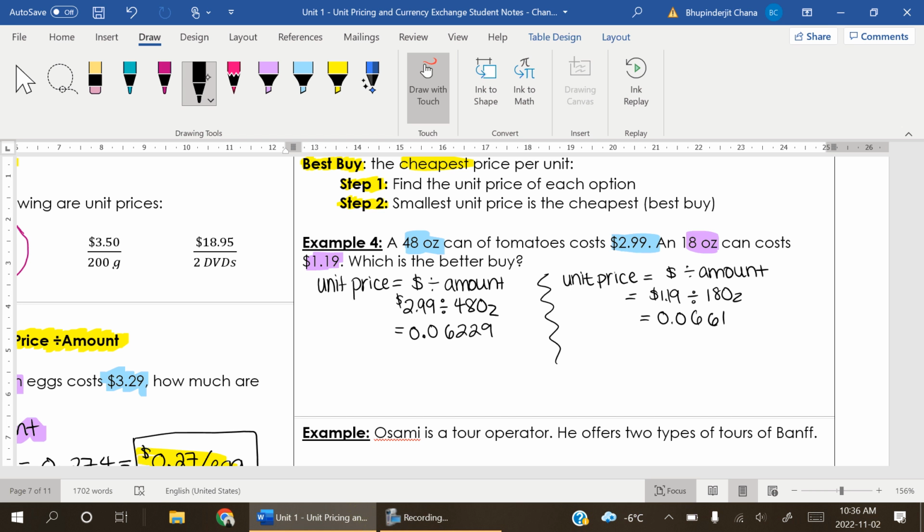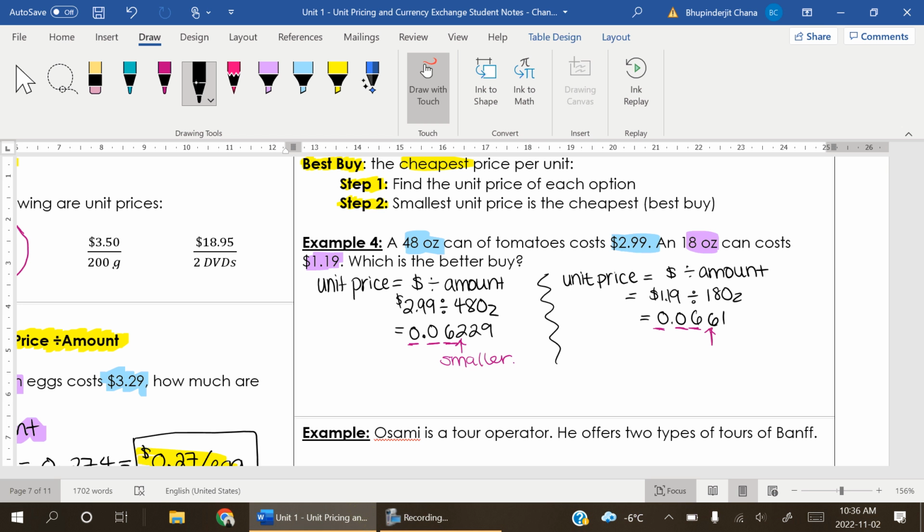Okay, we're going to start comparing the digits. So first digit is the same. The second digit is the same. The third digit is the same. The fourth digit is different. So you want to see which one's smaller. So since this one's smaller, it's the better buy.